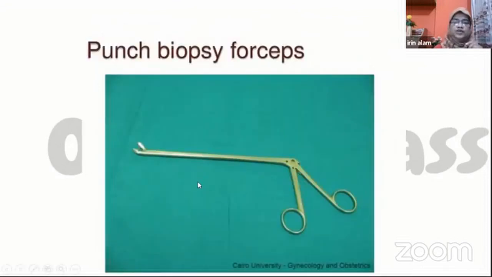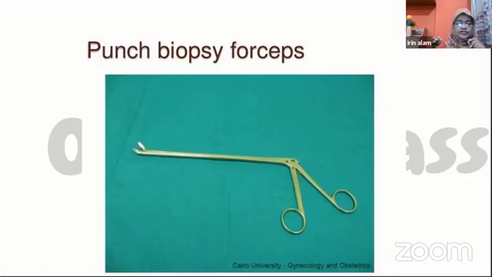This is an instrument we usually use during colposcopy. This is a punch biopsy forceps. It is usually used in the outdoor clinic to take biopsy from the cervix. From where do we take the biopsy?